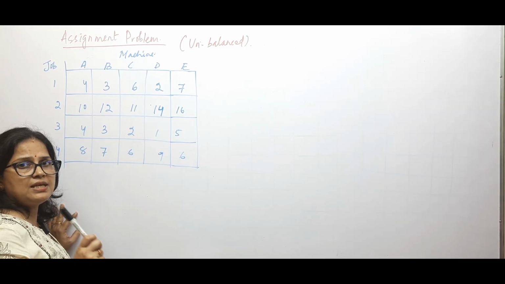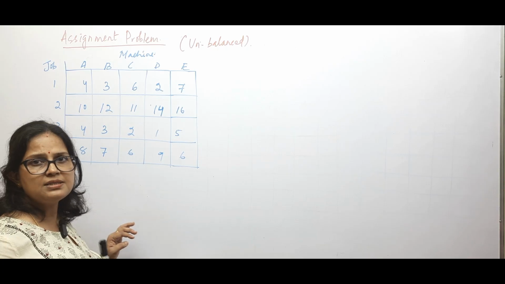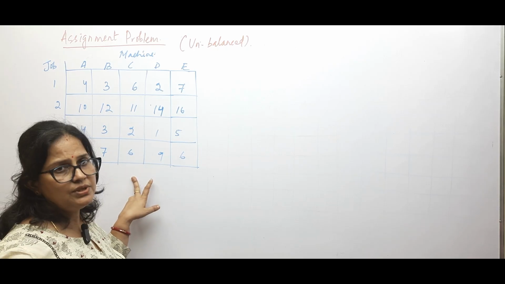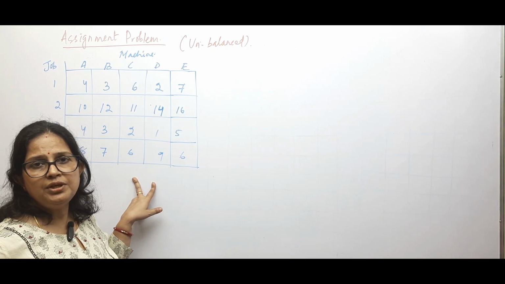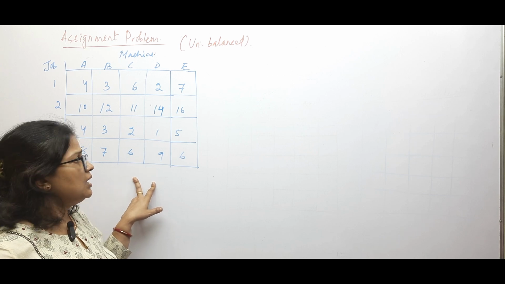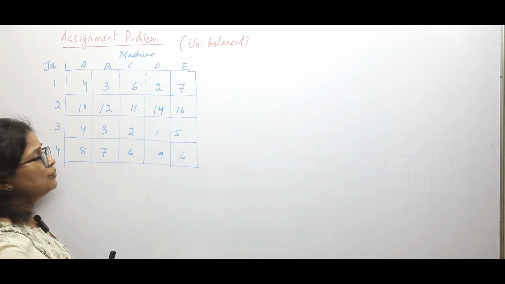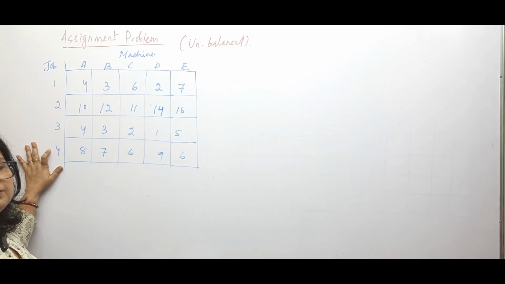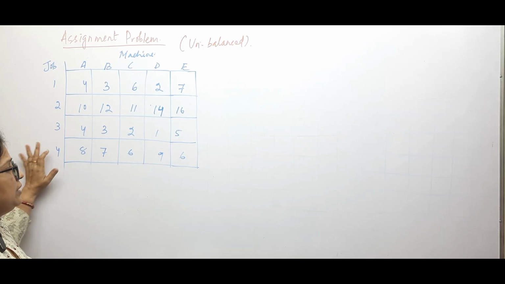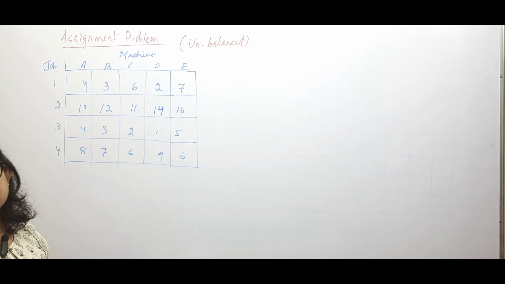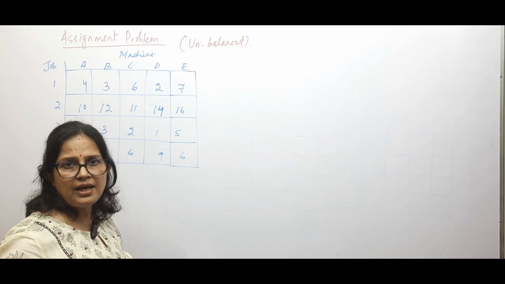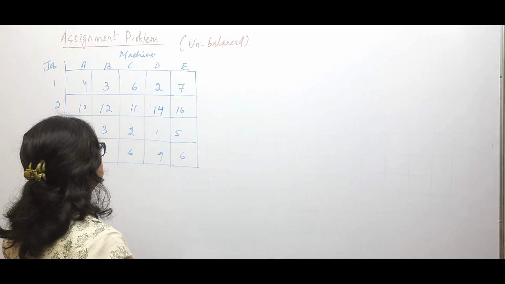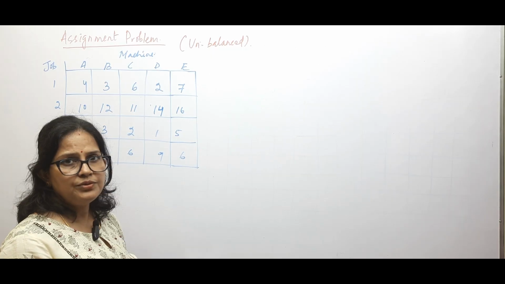So the first step is to make it a balanced one. For this case we need to go for a dummy row or dummy column. As we have 4 rows and 5 columns, we need to add one dummy row to make it an n by n matrix.